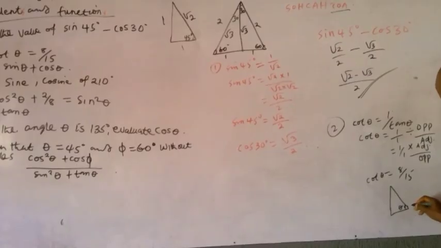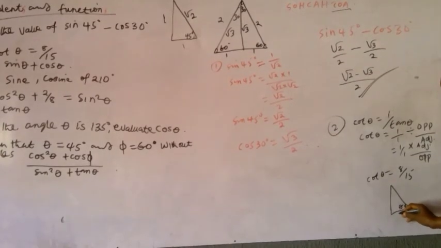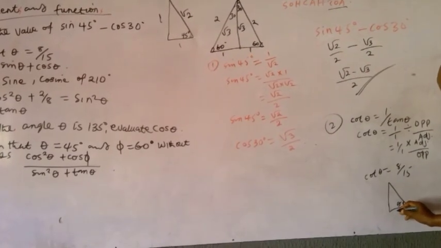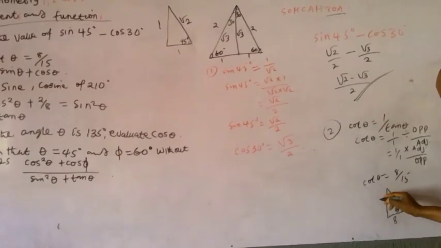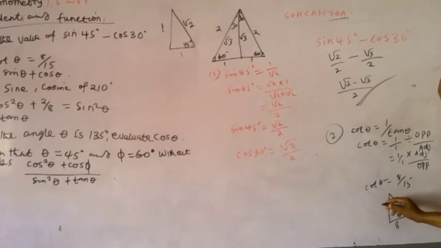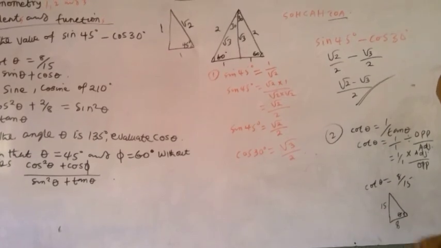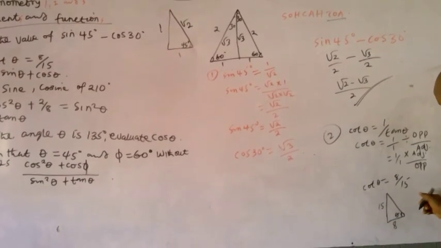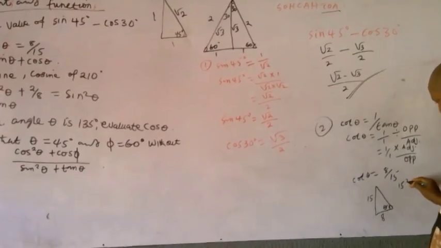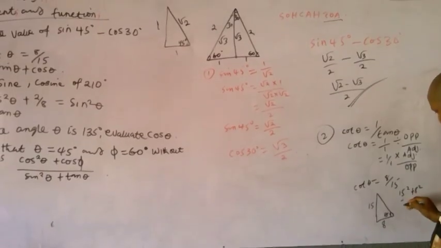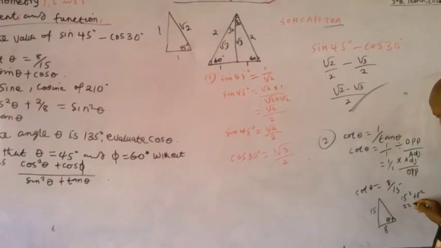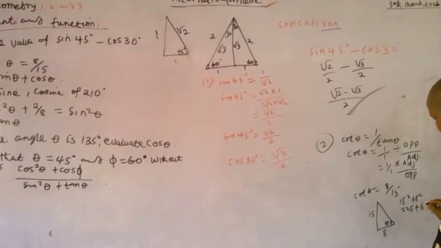Call here theta. This is the adjacent, the bottom side of it. So x here is the opposite. Here is 15. For you to get this, use Pythagorean theorem. Here is 15 squared plus x squared. 15 squared is 225. Some of these things you need to know.